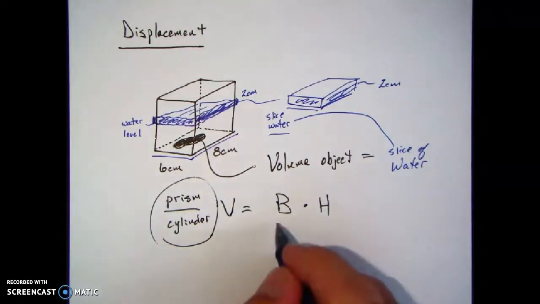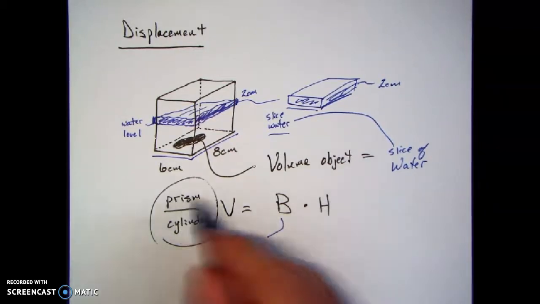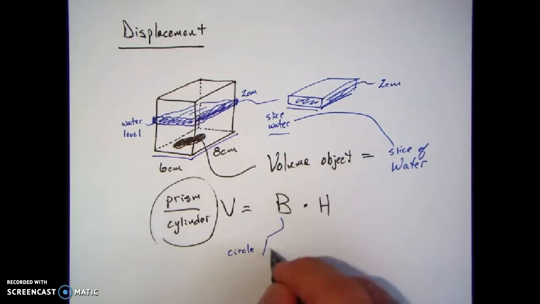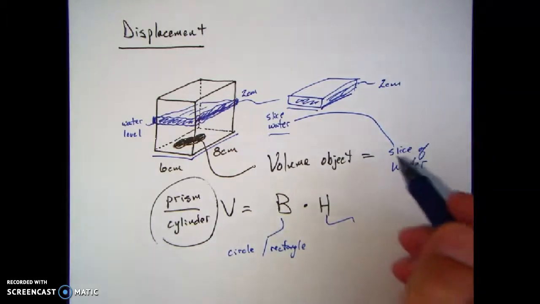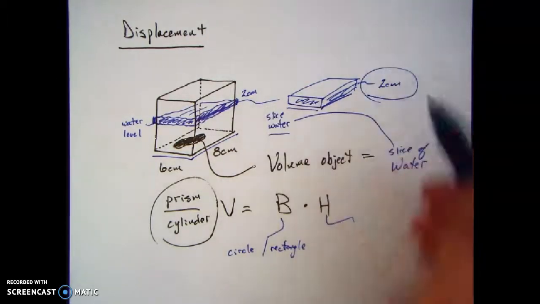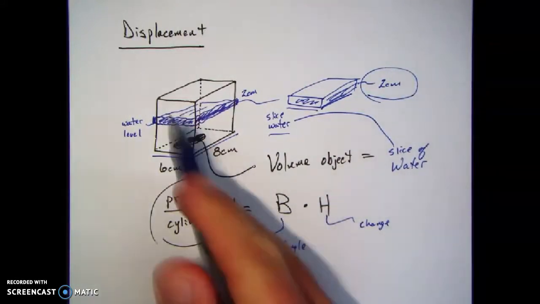If we're talking about a cylinder, that base would be a circle. If we're talking about a prism, then that base would be a rectangle. And the height, coming back to our slice of water, is going to be the change in the water level when we're talking about displacement.